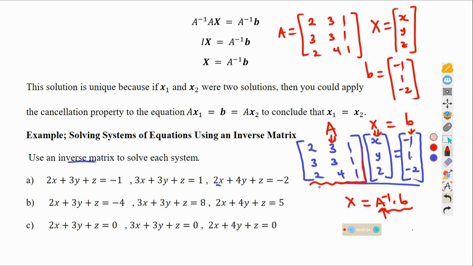Get the inverse of this matrix, multiply it with this B, and that will be your answer. I will simply give you the A inverse, but make sure you confirm that A inverse is the same, looking at all the methods we have seen for finding the inverse of a given matrix.